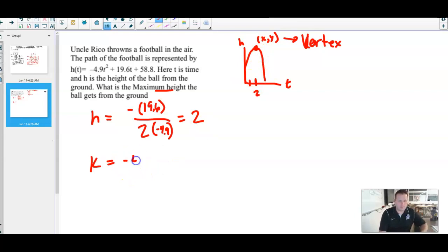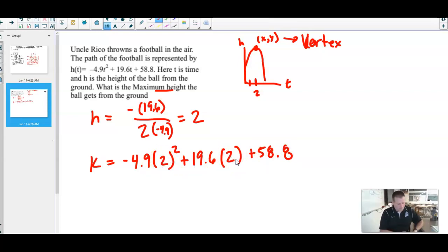So we're going to plug in 2 into the equation they give me, my standard form. We're going to use our calculator, which is probably going to be better, unless you're really good at your decimal values.